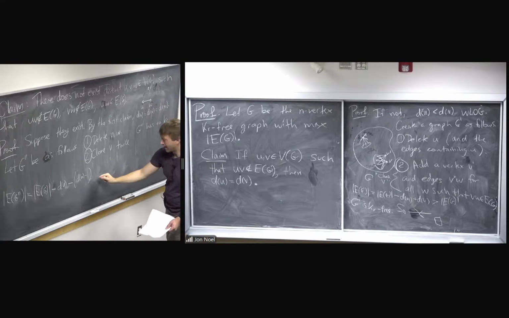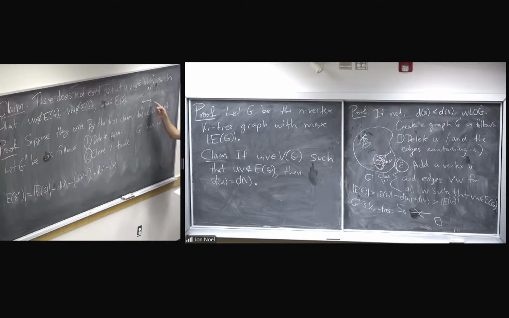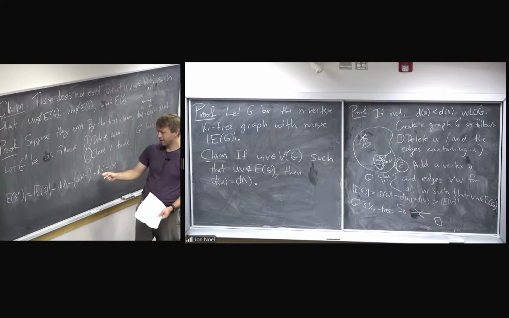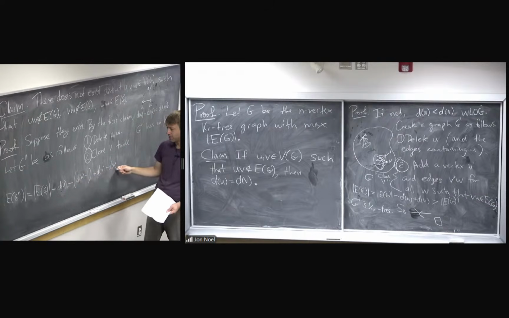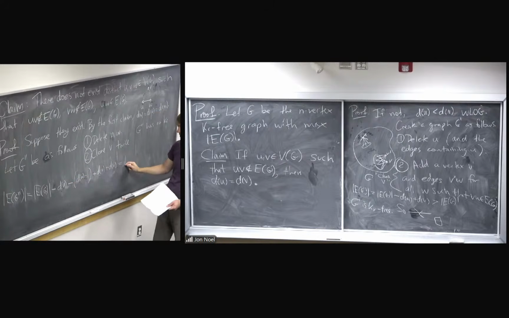And then I add the degree of v twice, because none of these deletions affected the degree of v. But all these degrees are the same, right? All these numbers are the same number. I'm subtracting it twice, adding it twice, and I've got this minus minus 1. So that's the number of edges in G plus 1, which is a contradiction.